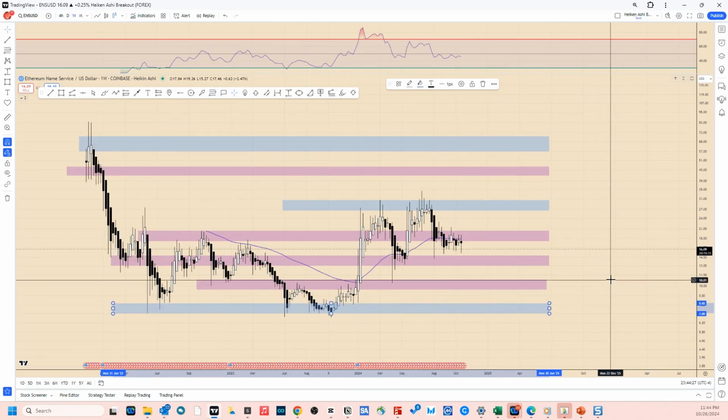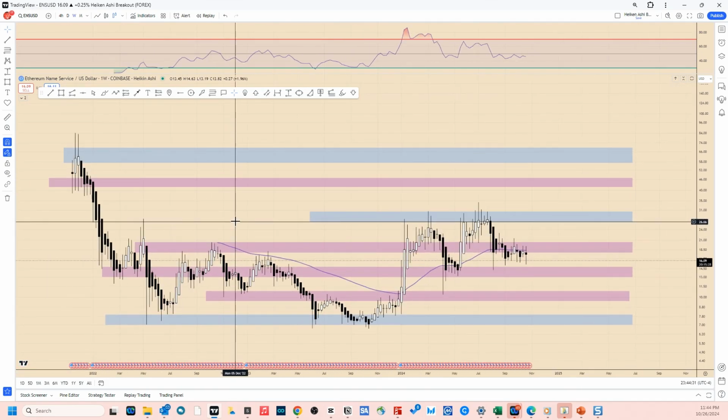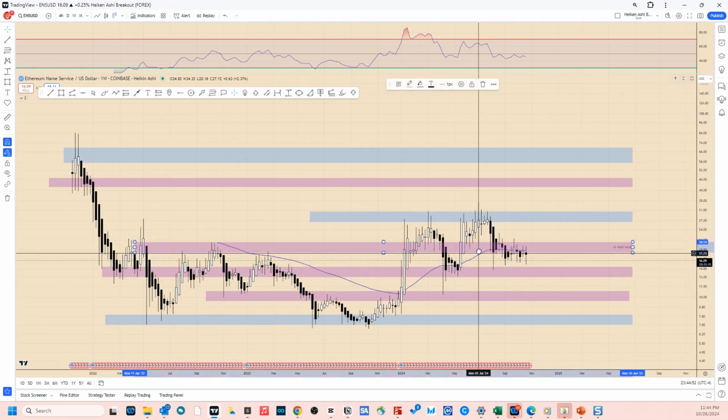Then I will scroll out just a little bit, and I'll look for certain patterns for price action: certain double tops, double bottoms, rising wedge, a downtrend that's about to be broken, something along those lines. And if I have to adjust these points just a little bit, I'll adjust them.